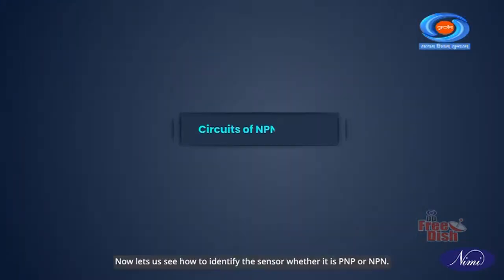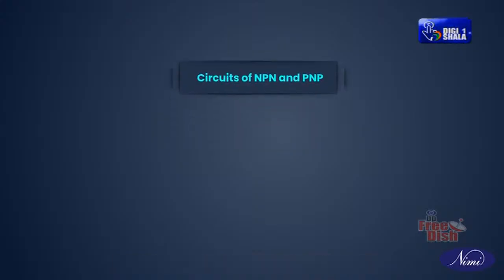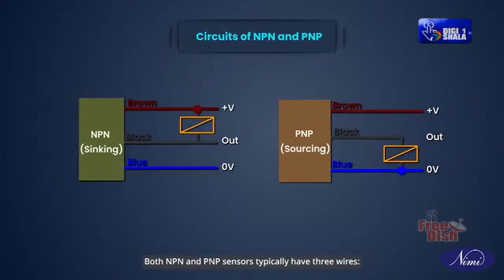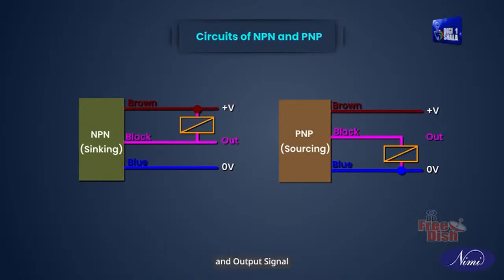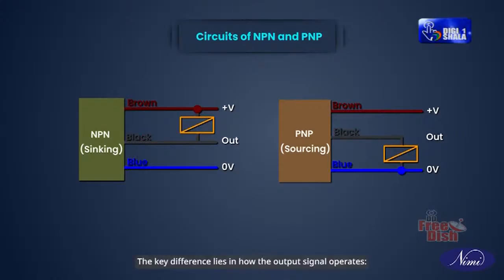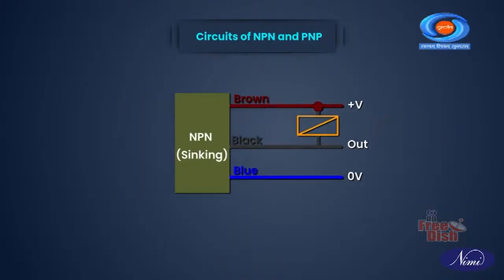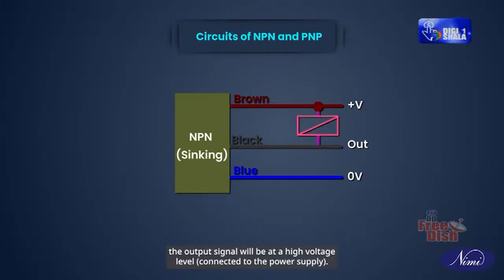Now let us see how to identify the sensor, whether it is PNP or NPN. Both NPN and PNP sensors typically have 3 wires: power supply, ground, and output signal. The key difference lies in how the output signal operates. NPN or sinking. In its inactive state, the output signal will be at a high voltage level.